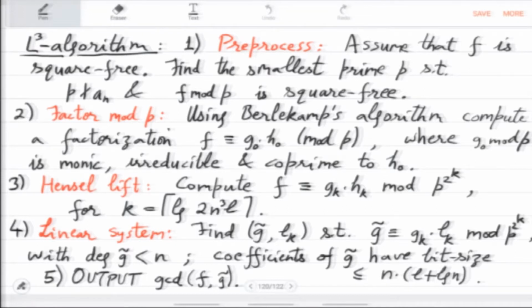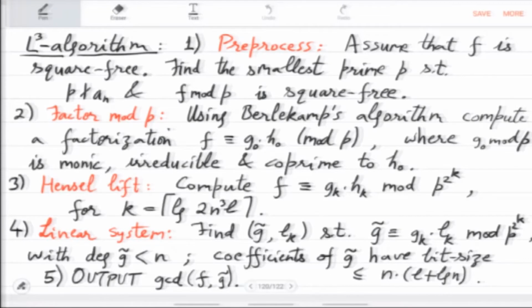So in step 1, it's a basic pre-processing step. The idea is that you pick a prime p and then you factorize f modulo p. The condition we want on the prime p is that it should not divide the leading coefficient a_n. So a_n should be non-zero mod p and f mod p should be square free.